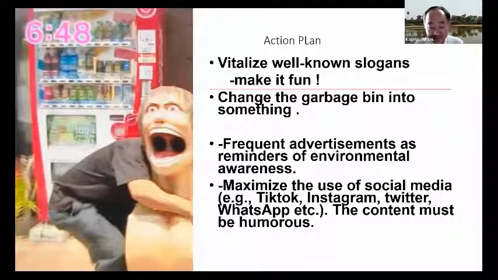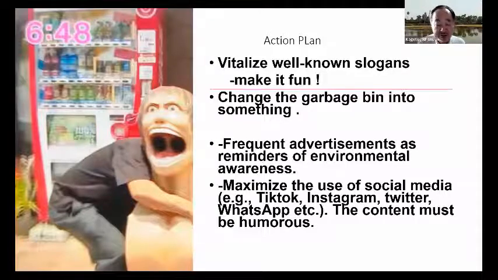But to keep such an attitude, some action plan is needed. But another one, show this one. Another one is frequent advertisement as a reminder of environmental awareness, and maximizing the use of social media, not only talking about the 3R, TikTok, Instagram.